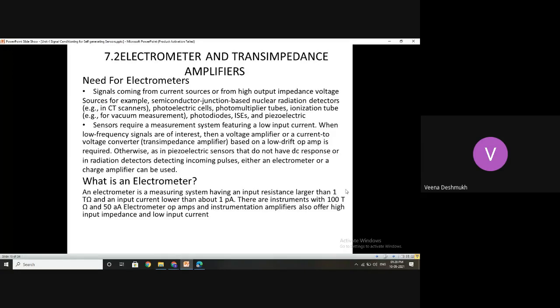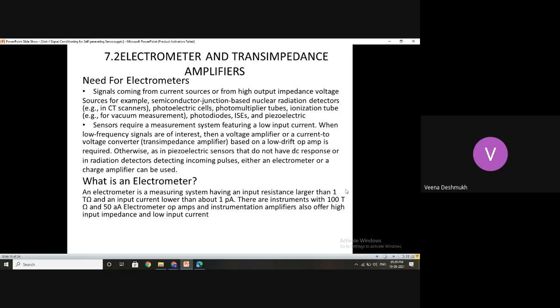Whereas there are some sensors whose outputs are currents, or rather we sense the currents, not the voltages. All our op-amp devices which are used for signal conditioning are voltage amplifiers. Whenever you sense the current, it is not amplified here.